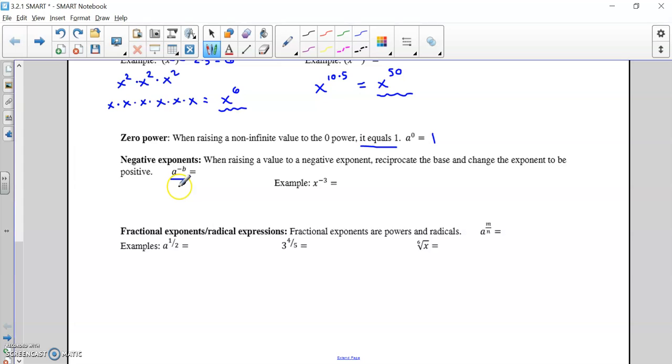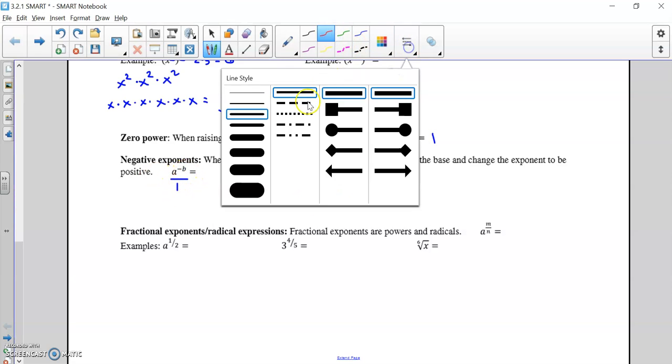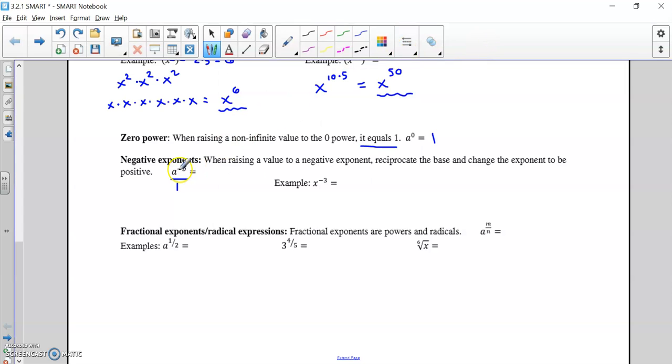Every number in existence actually has an imaginary denominator of 1, right? You can imagine any number in the world to be over 1 because anything divided by 1 just equals itself. So that's what this looks like right now. And because it has a negative exponent, we're going to use that negative sign as a hall pass to go to the other side of the fraction.